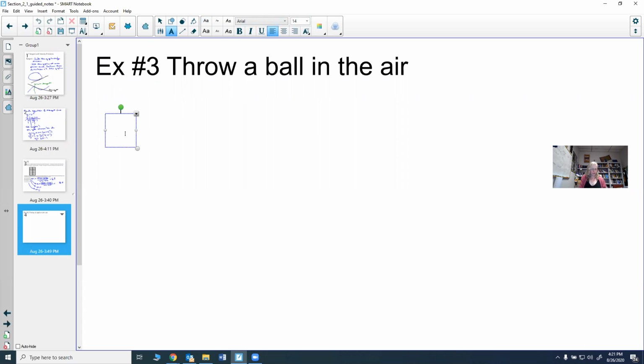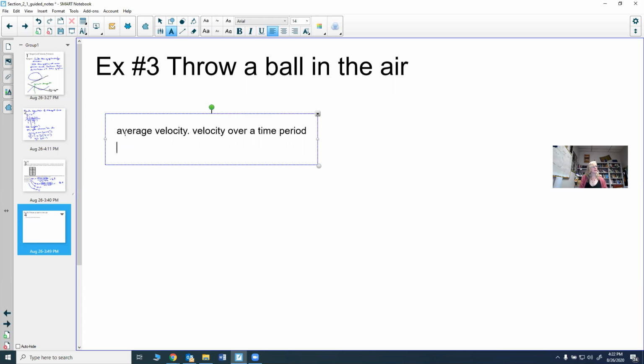There's something called the average velocity, and the average velocity is the velocity over a time period. And then the more important thing is what we call the instantaneous velocity. And the instantaneous velocity is that velocity at a very specific point.